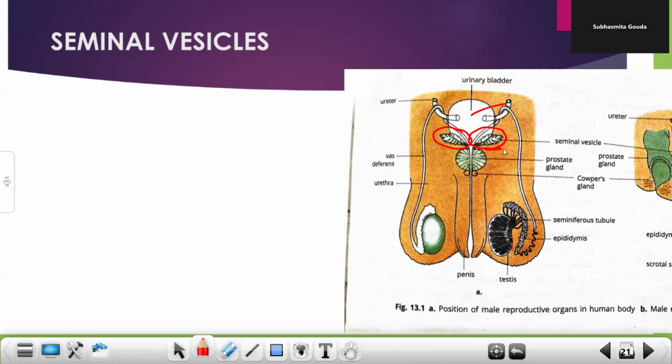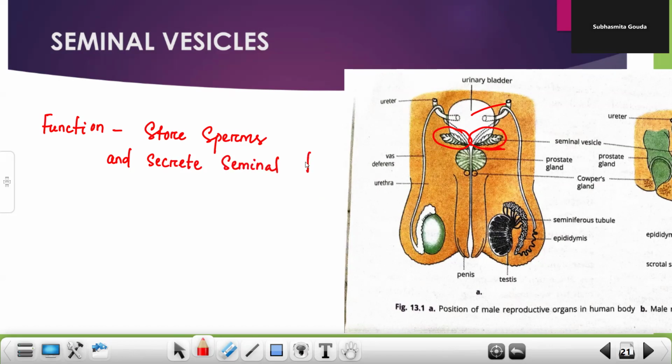So it is situated at the base of the urinary bladder, and its function is to store sperm and to secrete seminal fluid.